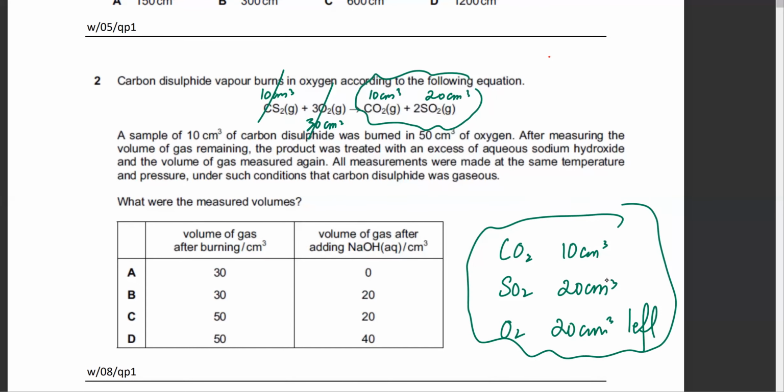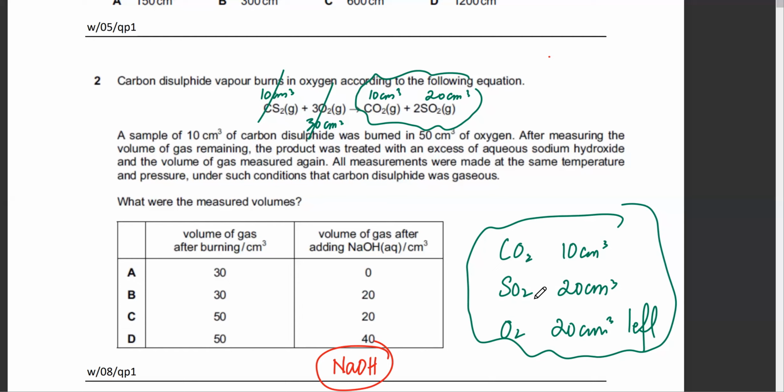Now NaOH is added. NaOH is a base. Which of these gases would react with NaOH? Sulfur dioxide and carbon dioxide. Both of them are acidic. Remember, carbon dioxide dissolves in water to form carbonic acid, and sulfur dioxide dissolves in water to form sulfurous and sulfuric acid.